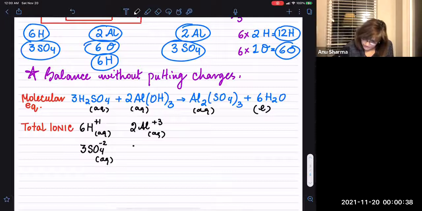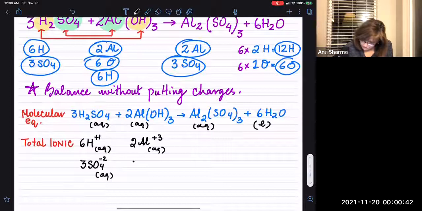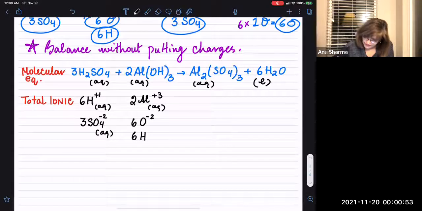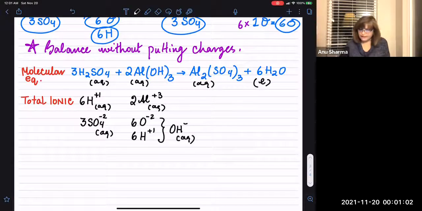Hydroxide ions are, so let's just break this up. There are 6 oxygens, and the oxygen will have a -2 charge. And there are 6 hydrogens. Hydrogens have a +1 charge. And this whole thing is the OH, 1 negative, aqueous. So just split it up like that, okay?